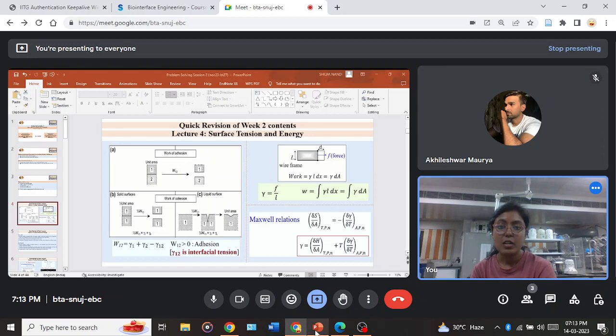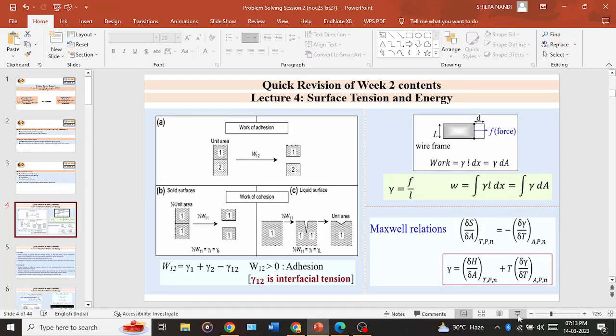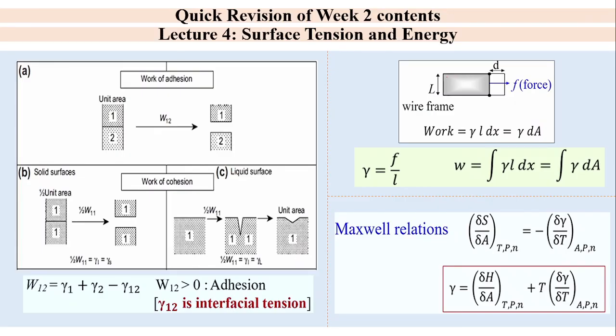Okay, fine. So let's now go through a quick revision of the week 2 course content. We will start from lecture number 4, which is surface tension and energy. In this, first of all, we went through what is adhesion and what is cohesion.